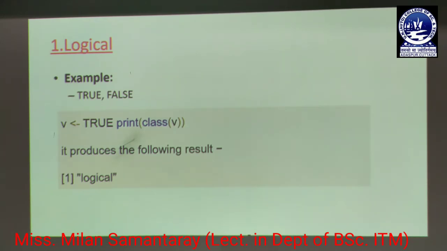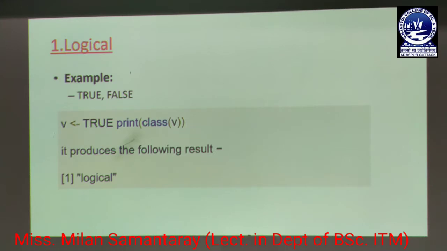The first one is logical. Logical means whether it is true or false. In other programming languages, if we provide 1 for true, then we provide 0 for false. Here also the logical type examples are TRUE and FALSE.